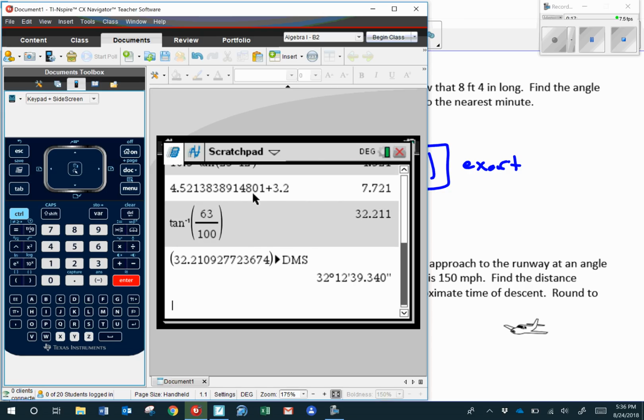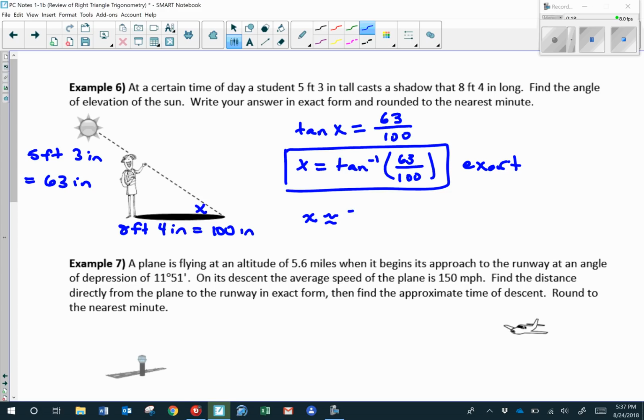Enter. And we're rounding this time to the nearest minute. So that's 32 degrees, and what you'll notice is that the number of seconds is over 30 seconds, which is half a minute. So that means that 13 minutes is actually closer to this approximate answer. So our rounded answer would be 32 degrees and 13 minutes.